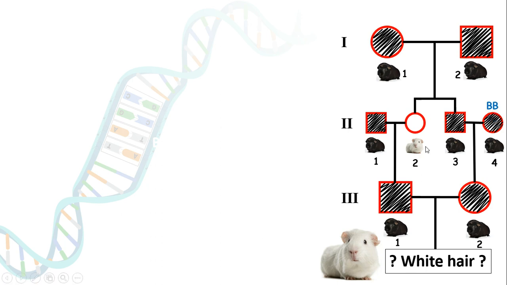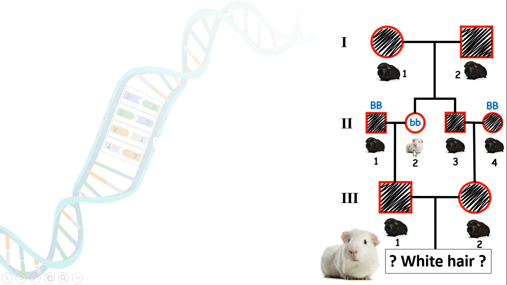First of all, as the question said, this one has actually a dominant homozygous genotype, and also this one, so you write them here. And this one obviously has the recessive homozygous genotype, because it has the white hair.